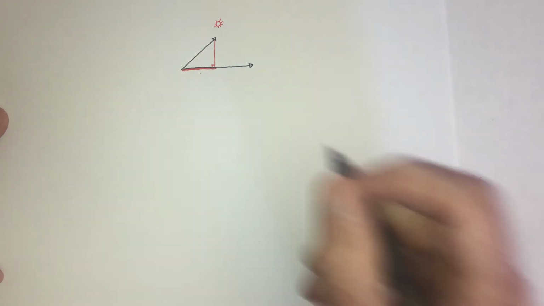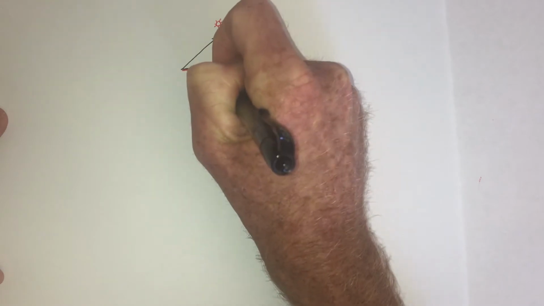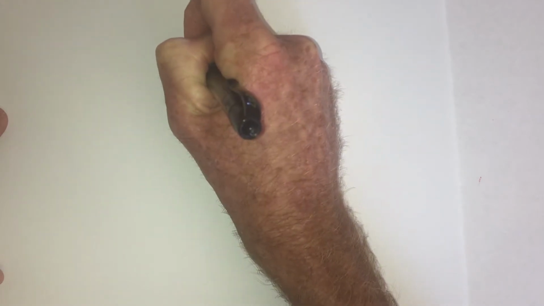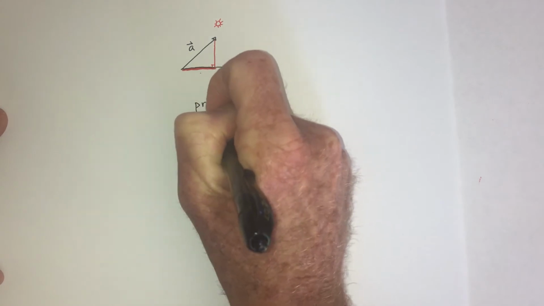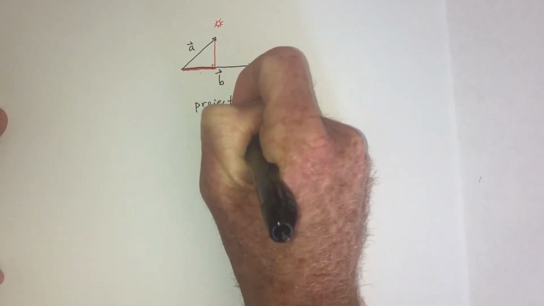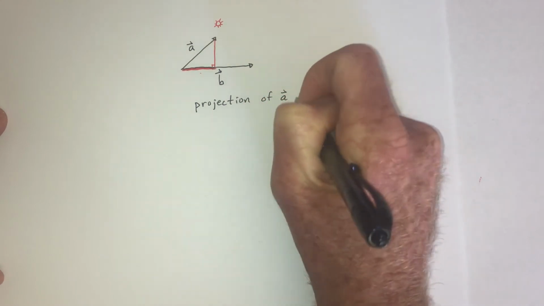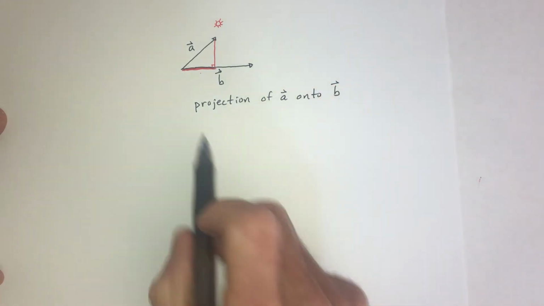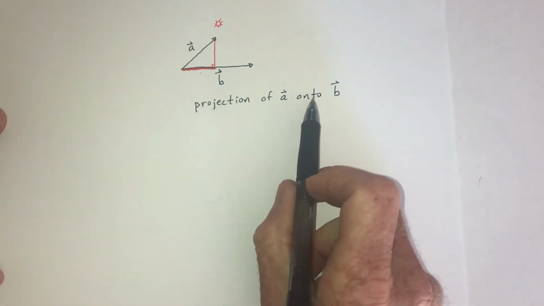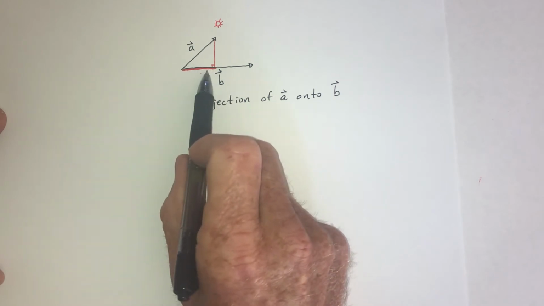So let's start with, let's say this is vector B, and this is vector A. And what we're finding is called the projection of A onto B. And when I say the projection of A onto B, that means look at this red part right here as a vector.